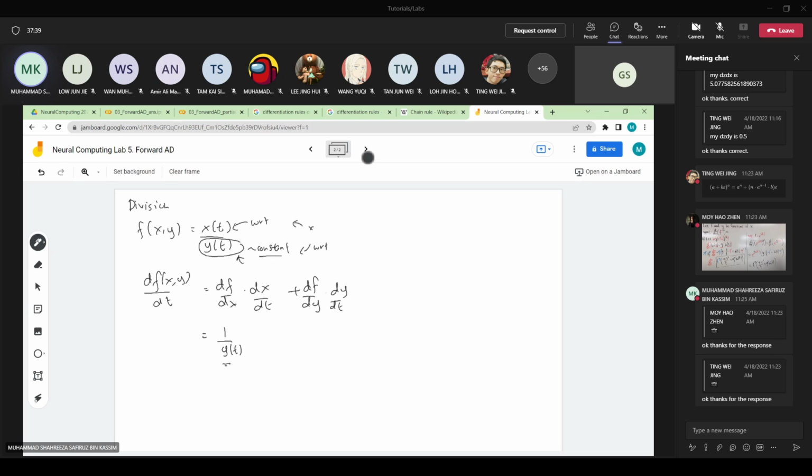And if you have multiple variables, x, y, z, and you are differentiating with respect to x, then you'll treat y and z as constants.